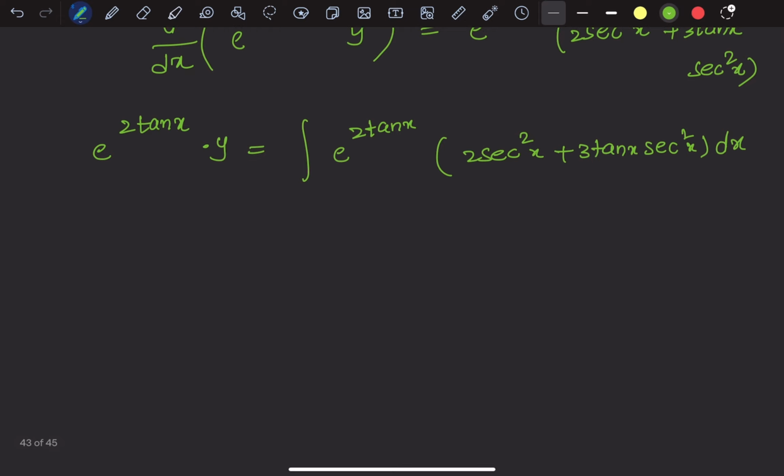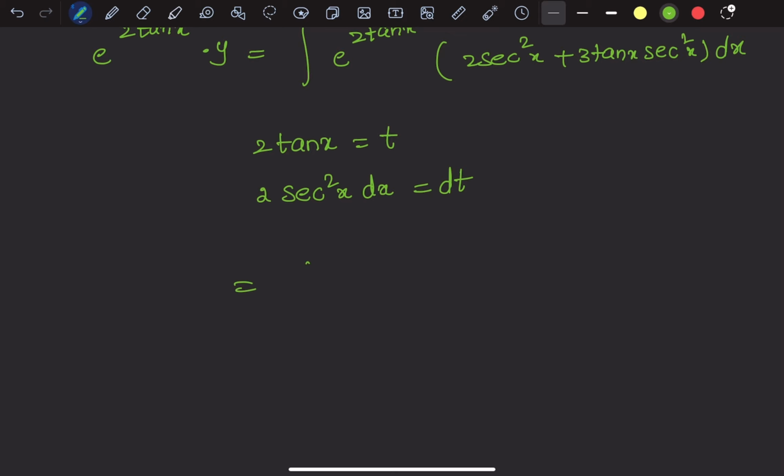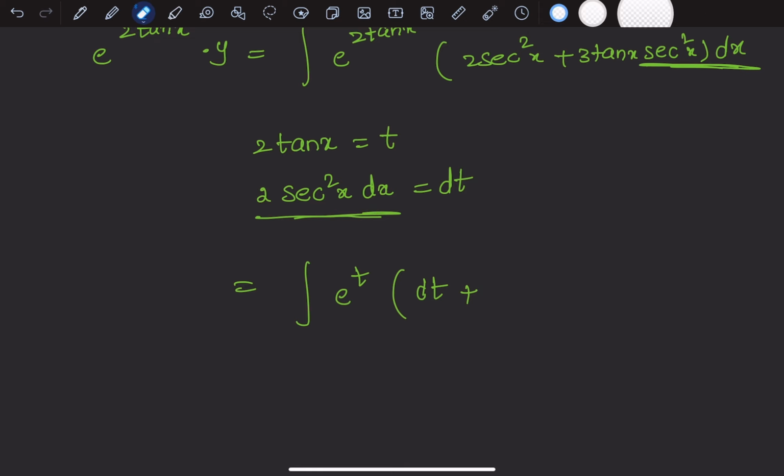Now put 2 tan x is equal to t to solve this integral. 2 tan x is equal to t. So 2 secant square x dx is equal to dt. So this will be integral e to the power t. So 2 secant square x dx is simply dt, and secant square x dx is dt divided by 2.